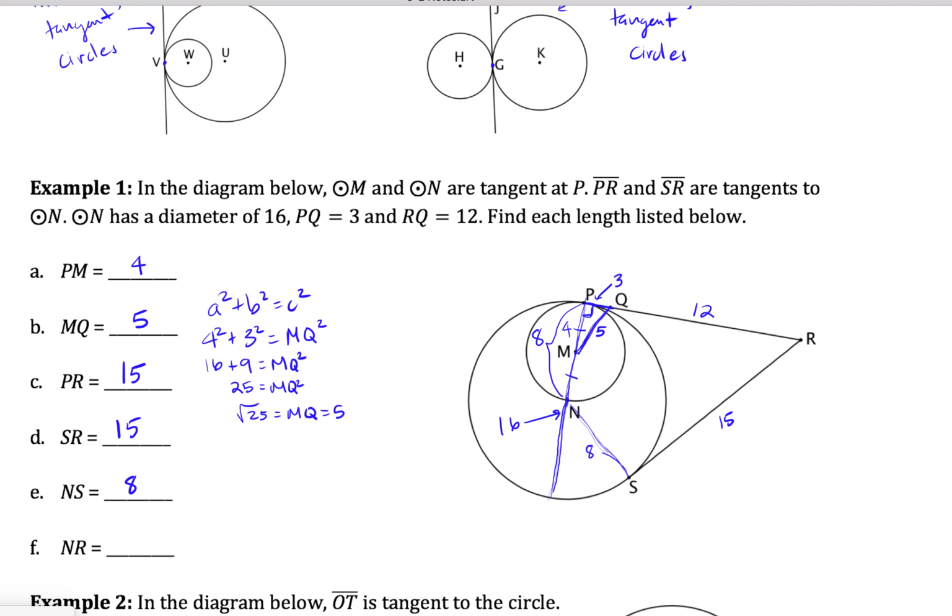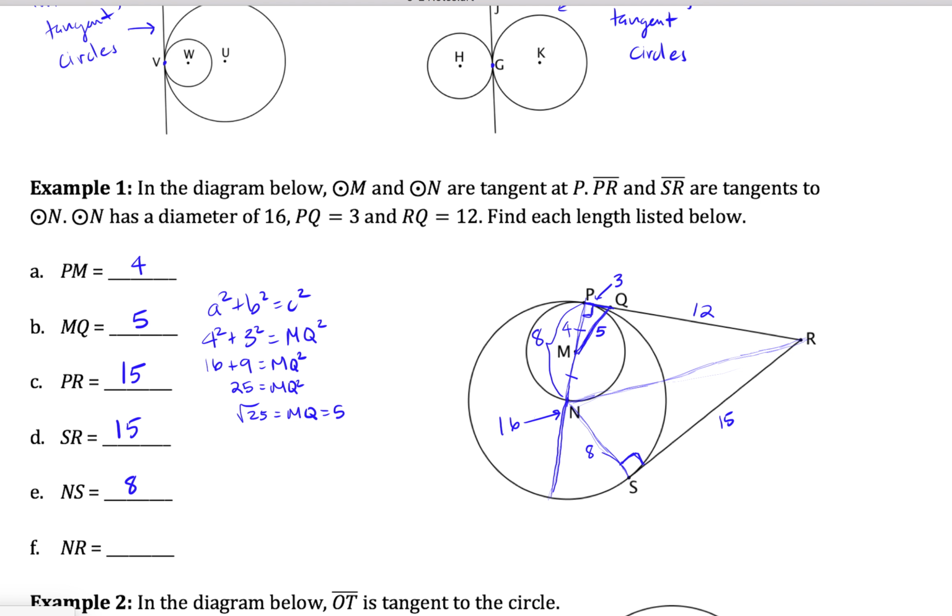And lastly, we have to find the distance from N to R. So let's go ahead and draw that segment in there. See if I can do it in a reasonably straight manner. So I have to find segment NR's length here. Now again, I need to remember that this tangent segment would be perpendicular to this radius of circle N. So there's a right angle right there, right?